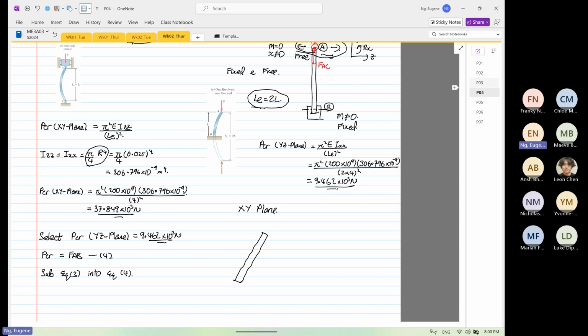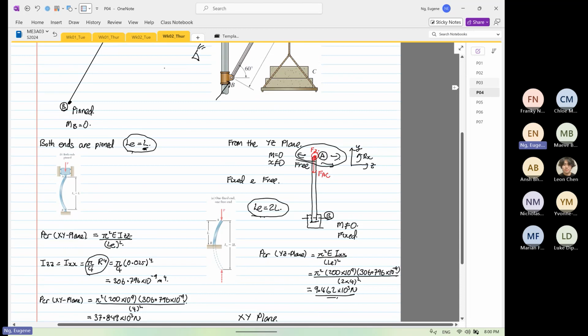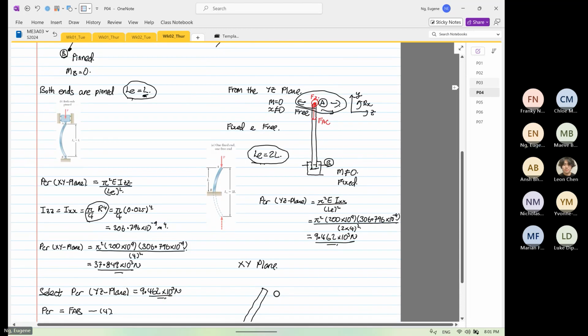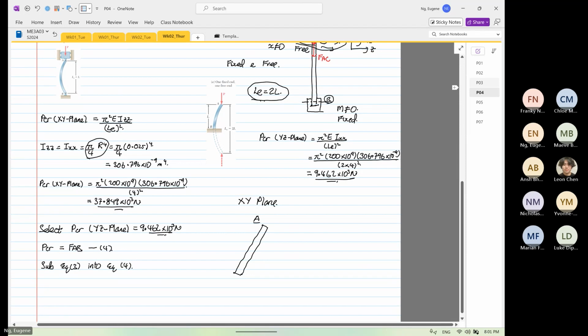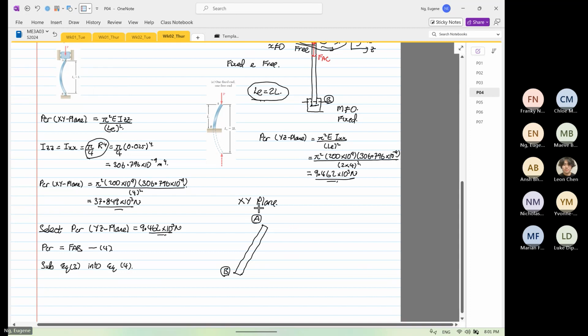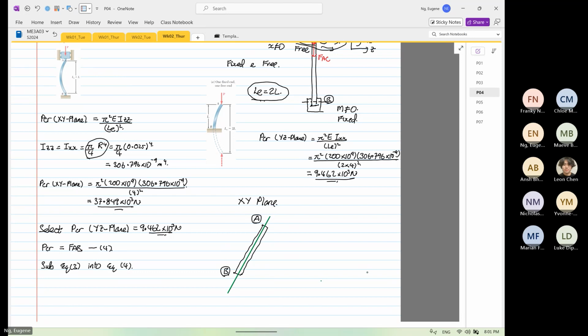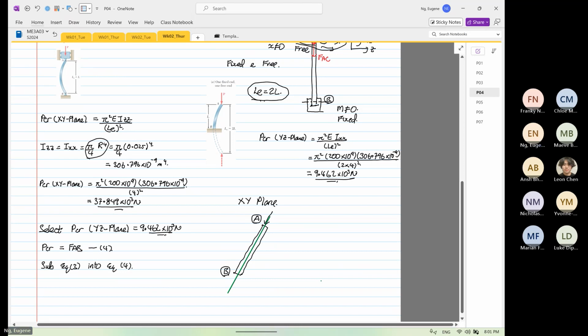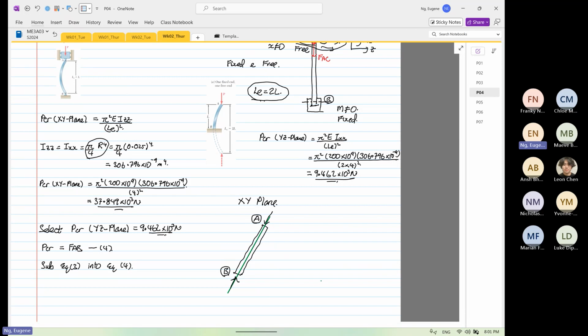So this is our point A, and this is our point B. So what we see over here, this direction, this is going to be our applied load, and this is our P critical.